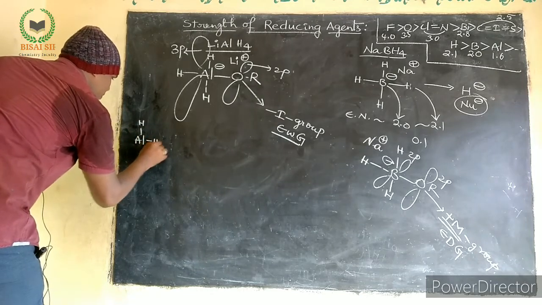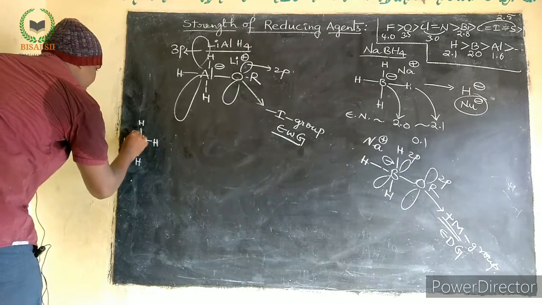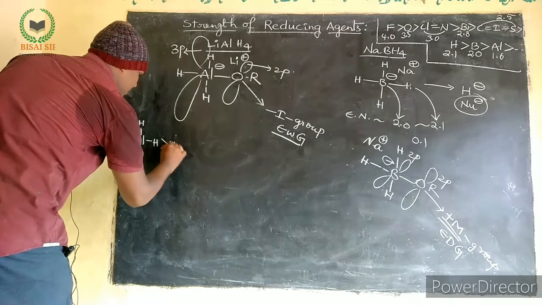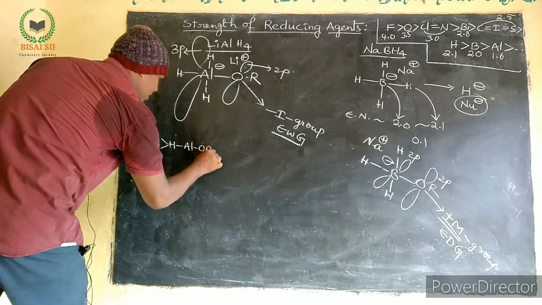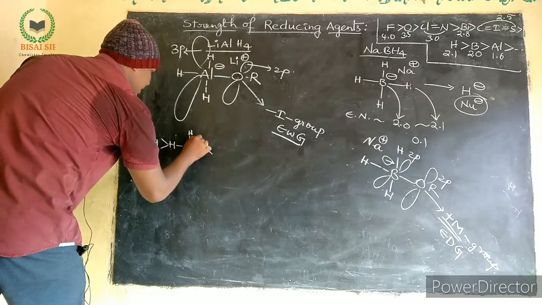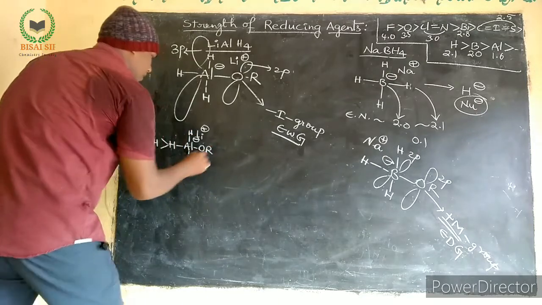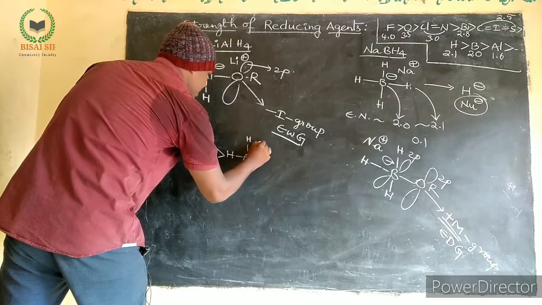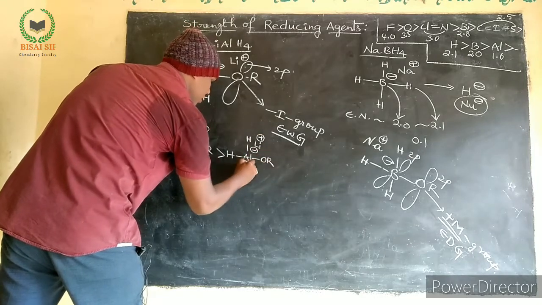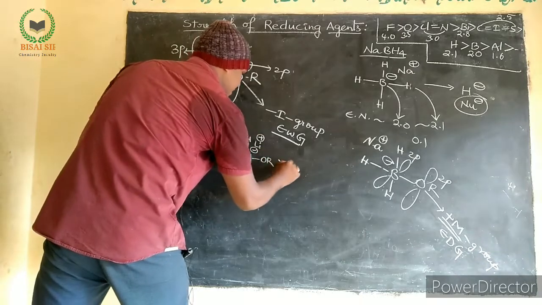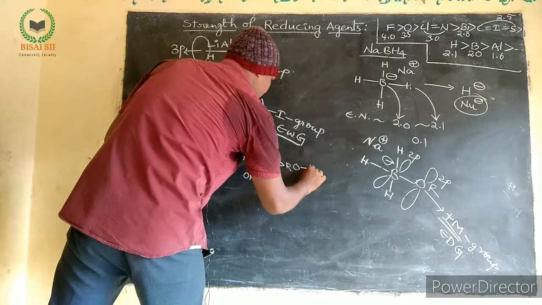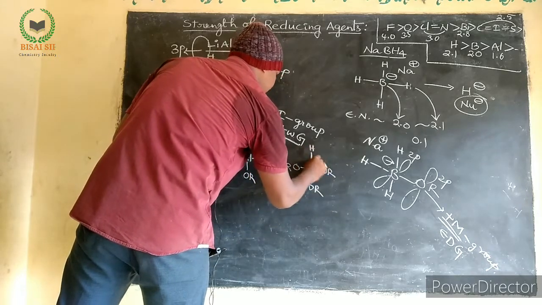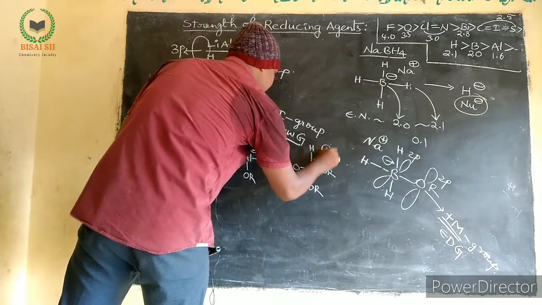LiAlH4, that is H minus Li plus, is greater than AlOR H negative charge Li plus, which is greater than the ones with two OR, then three OR, with hydrogen negative charge with Li plus, correct?